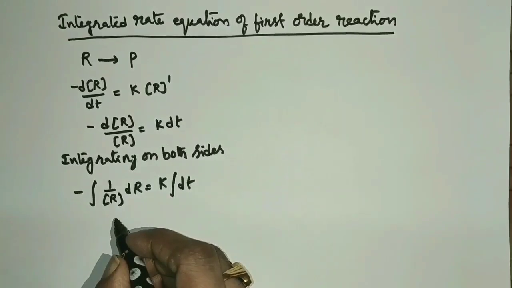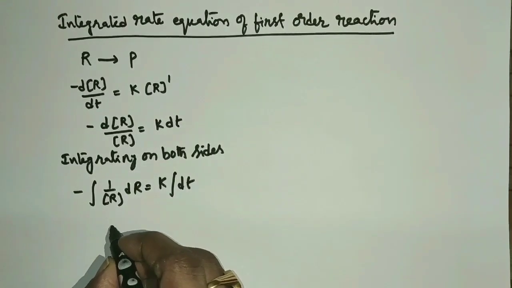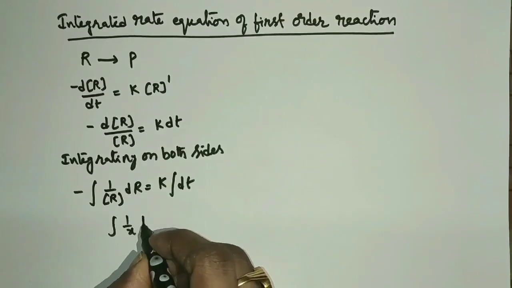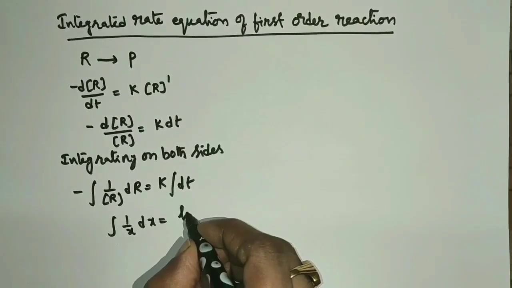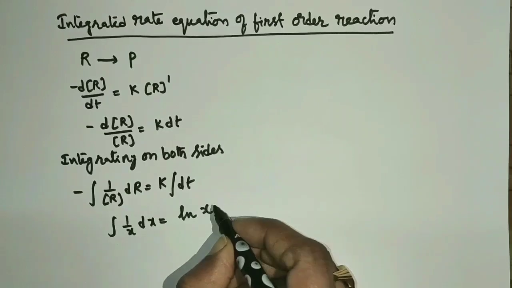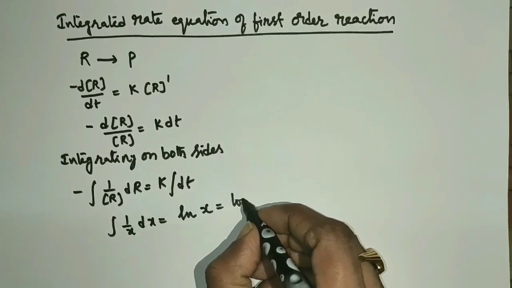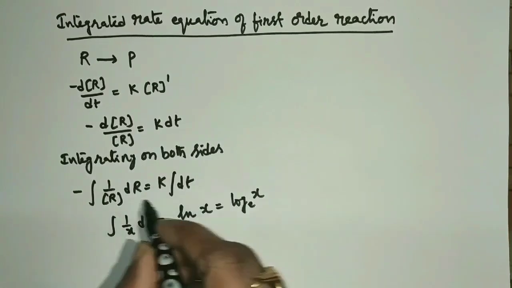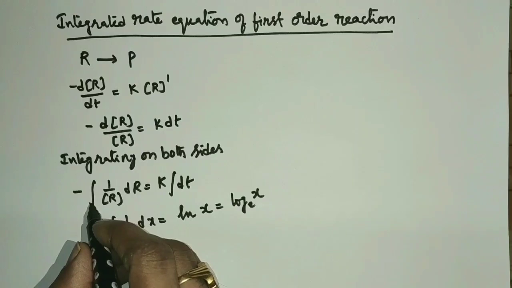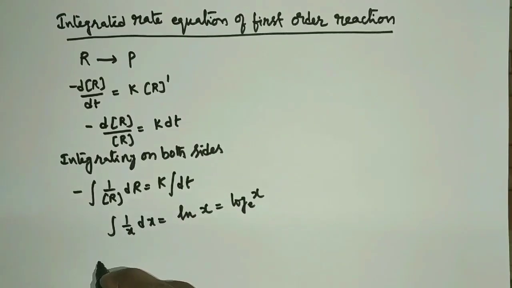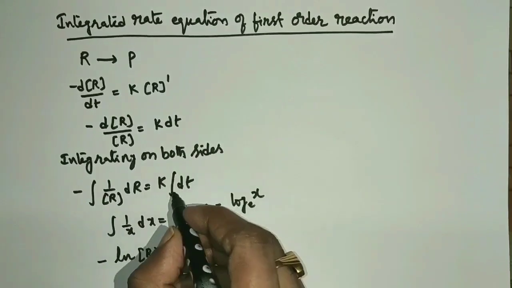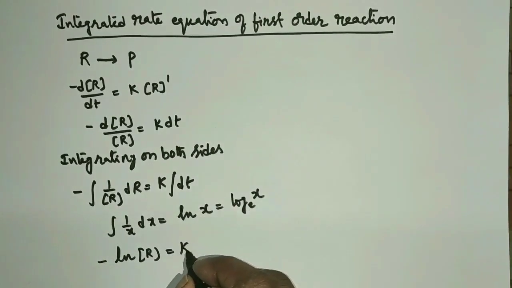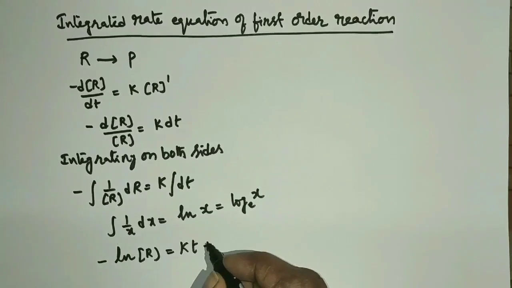And there is a formula in integration: integral 1 by x dx is equal to ln x, which is nothing but log base e x. So if you apply this formula here, minus integral 1 by R dR will be equal to minus ln R, equal to integral dt, which is t. So kt plus, after the completion of an integration, we need to add one constant I.